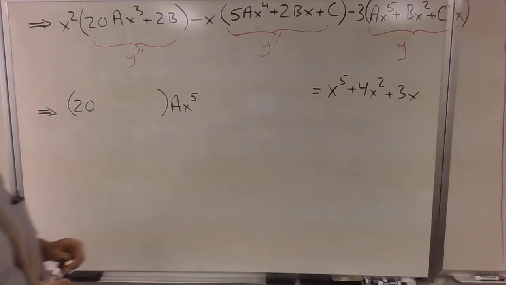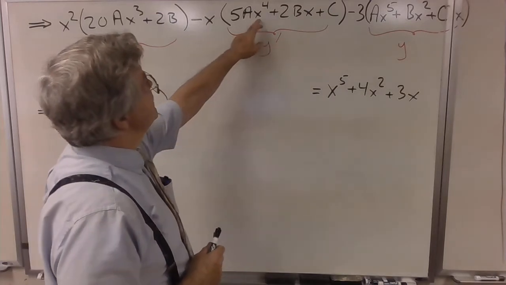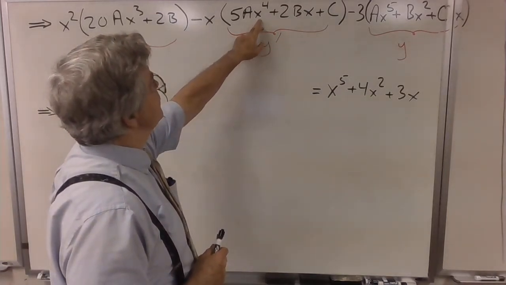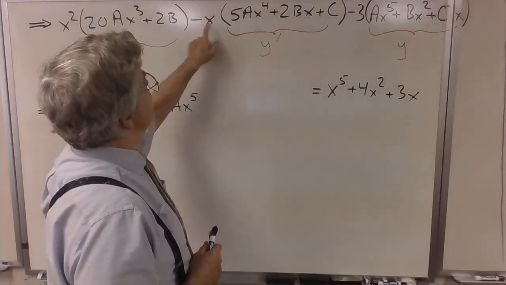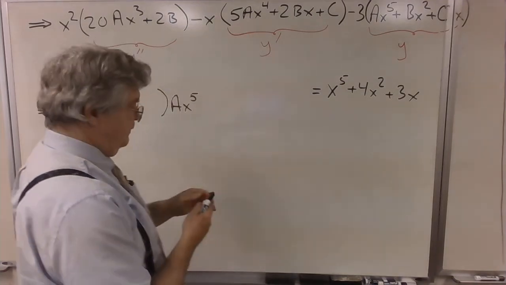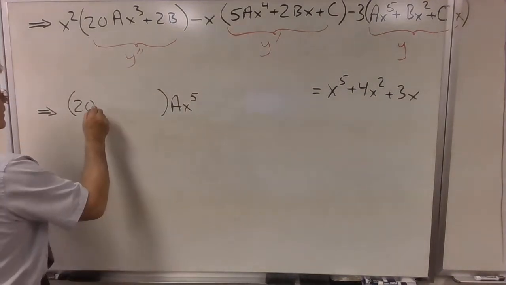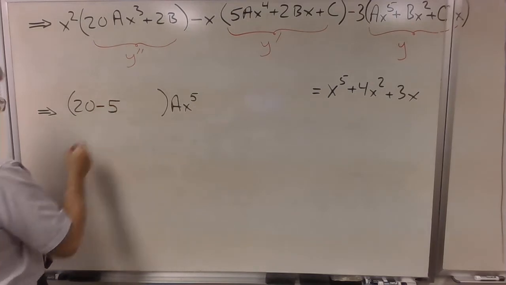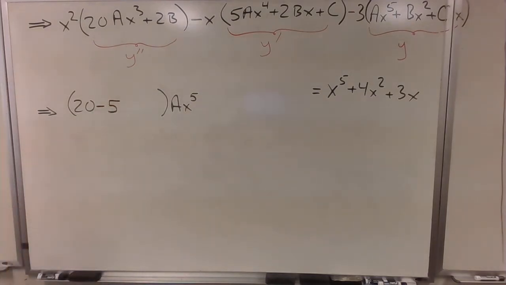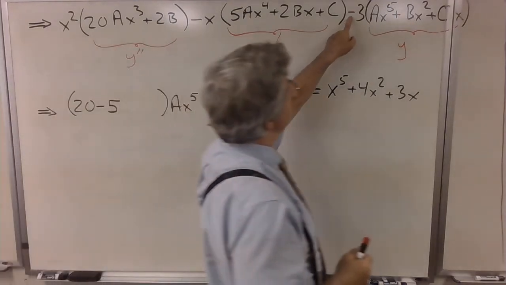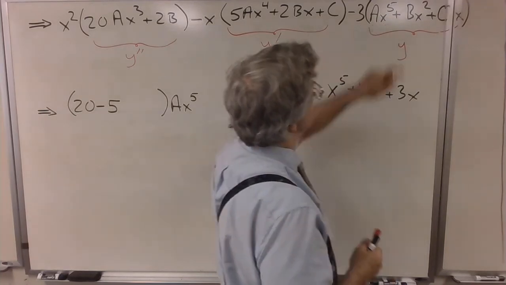And what do I have here? Negative x times x to the fourth is x to the fifth, negative 5A x to the fifth. And then over here I have minus 3Ax to the fifth.